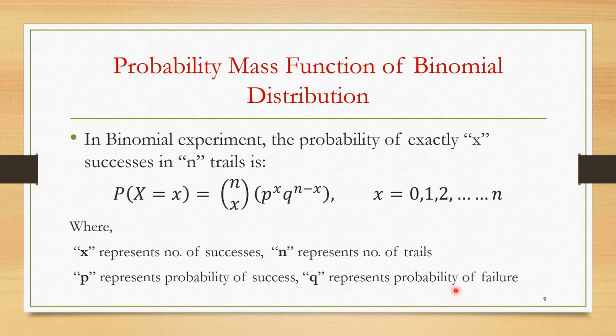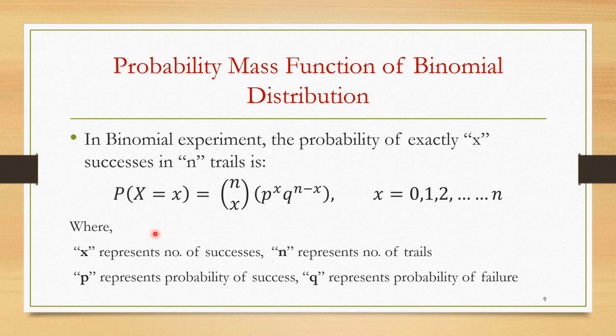And there are two parameters of binomial distribution, n and p. If these two parameters are known, we can find the whole distribution function, the whole probability distribution. How?